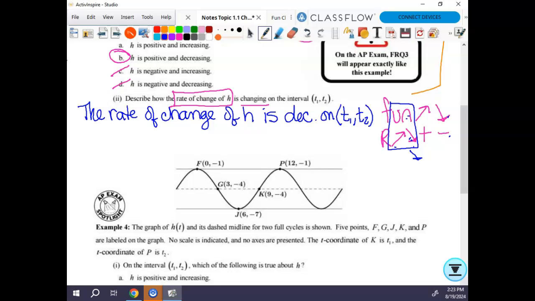And then I can abbreviate because. B/C works for because. So the rate of change of H is decreasing on T1 to T2 because H is concave down on T1 to T2.